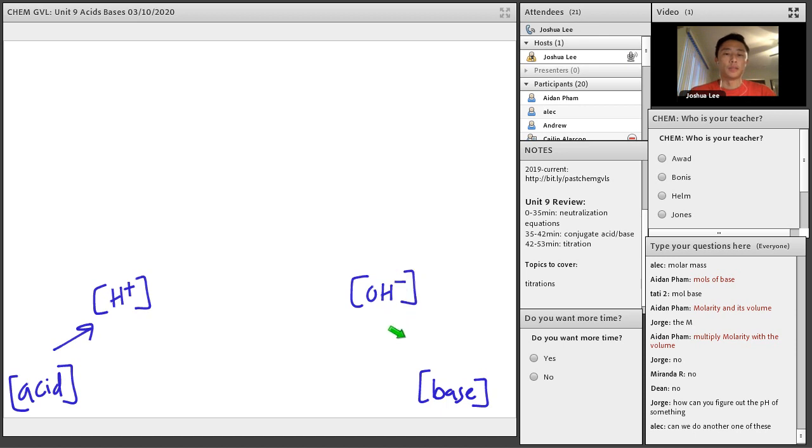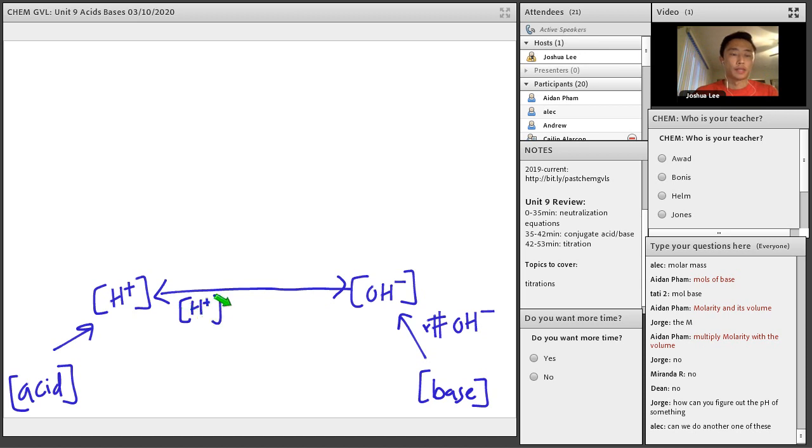Molarity of the base will be the molarity of the OH minus, but you have to multiply by the number of OH minuses here. And the first thing that you probably learned was the relationship between H plus and OH minus. This would be H plus times OH minus equals 1 times 10 to the negative 14. So that's how they're related to each other.